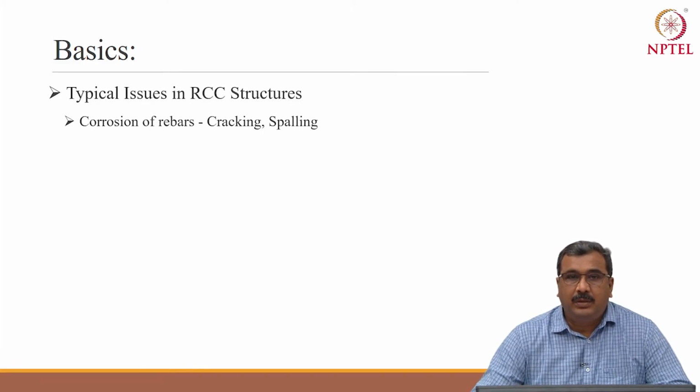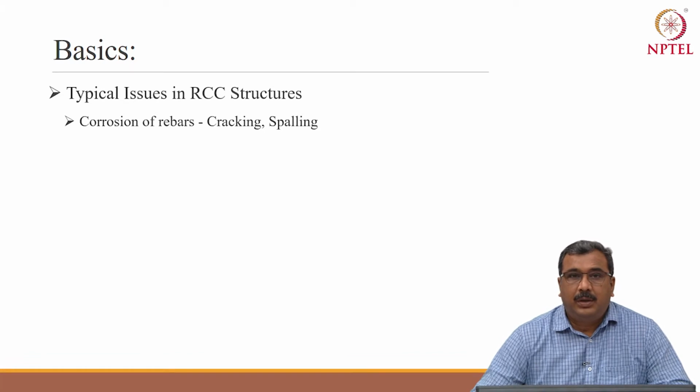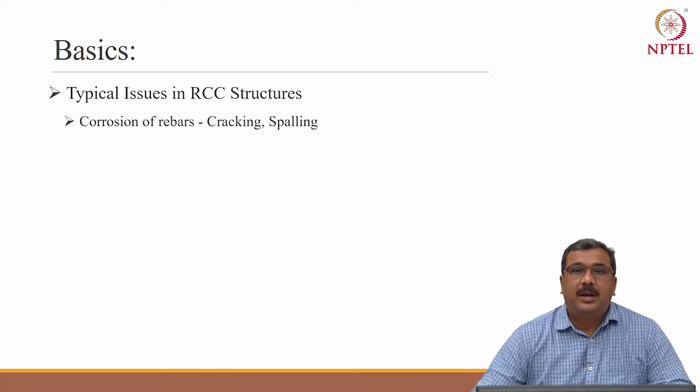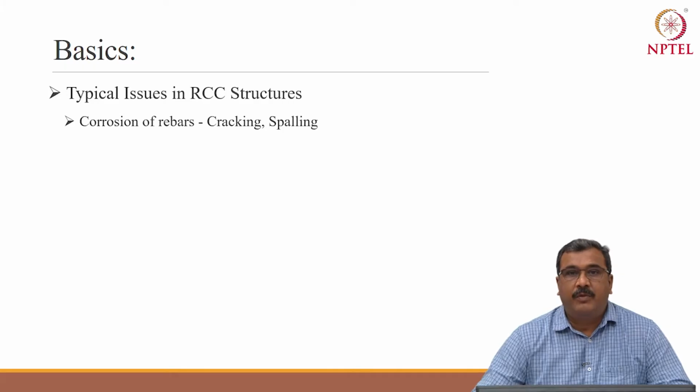Because of corrosion, it induces cracks in RCC elements. If these cracks are not attended to in time, it leads to an advanced stage of corrosion defects, what we commonly term as spalling.